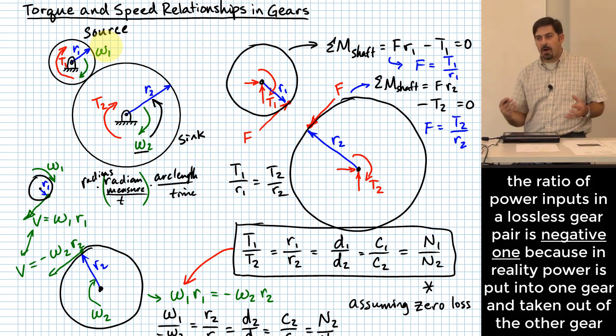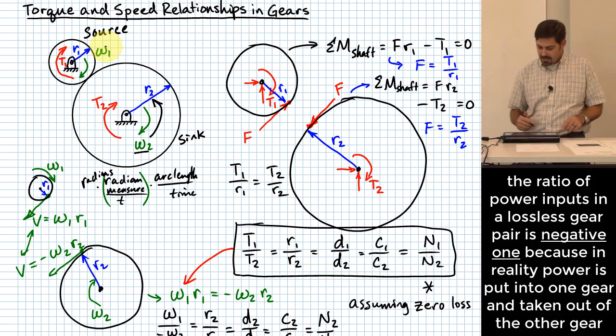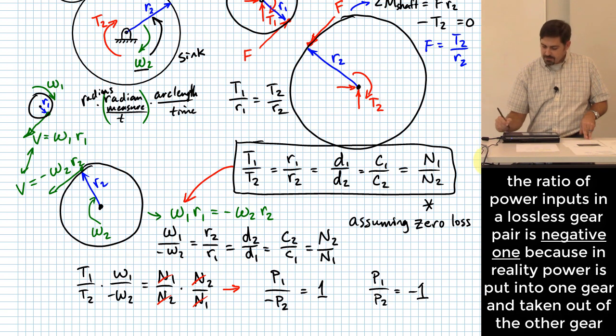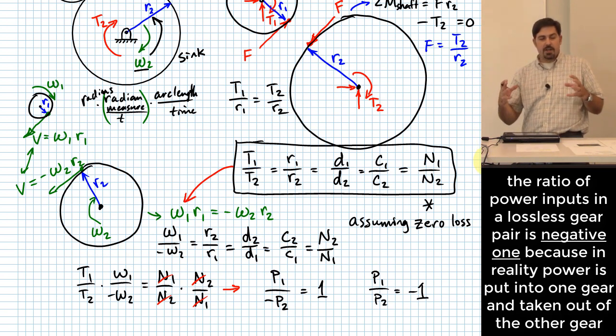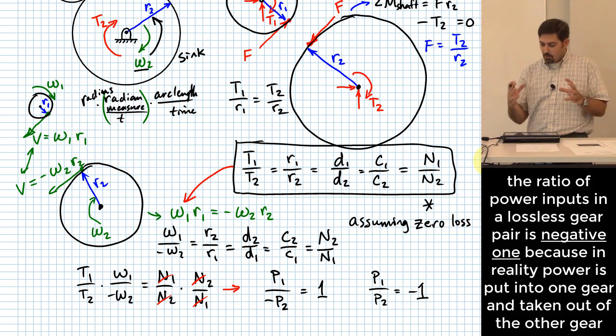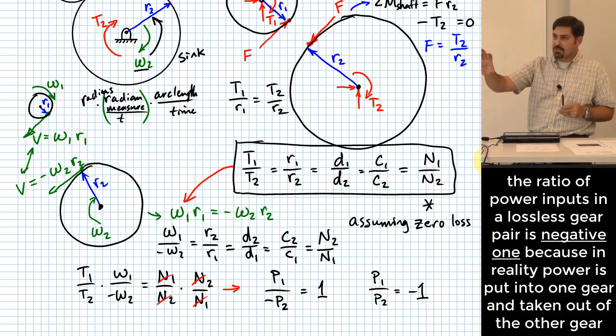So that's where that minus sign comes from: one of them is a source and one of them is a sink. But for a lot of what we do, we pretend like we've dealt with that in another way, and we don't even look at that minus 1 anymore. We sometimes will write an equation a little bit differently so that we say this is a power that comes into the system, whereas this is a power that goes out of the system.